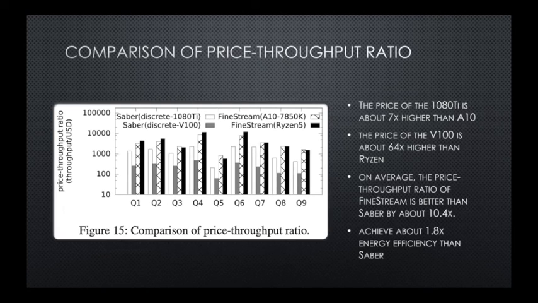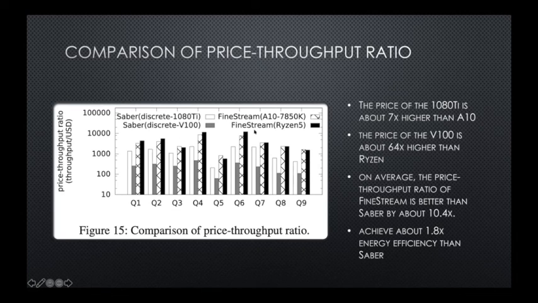Next, let's see the price throughput ratio. Here, the white bar is Sabre on the GTX 1080 Ti, the gray bar is Sabre on V100, the white bar with strip lines is FineStream on A10, and the black bar is on the Ryzen.